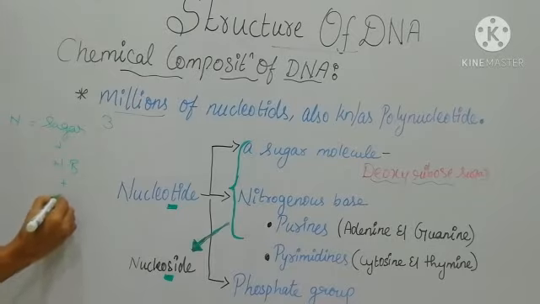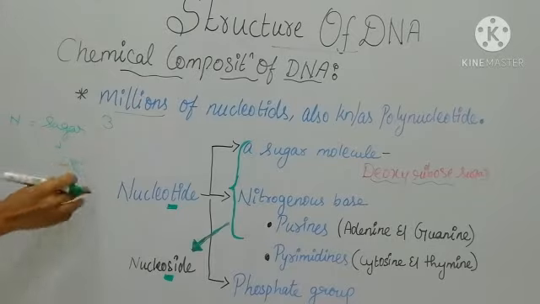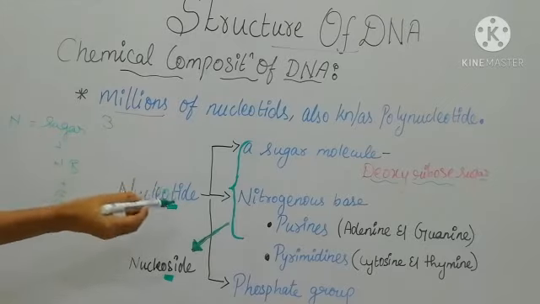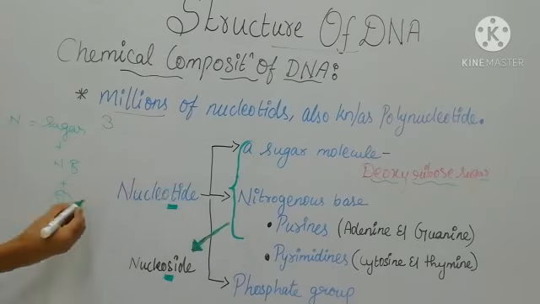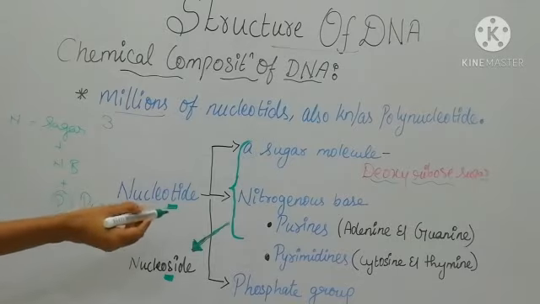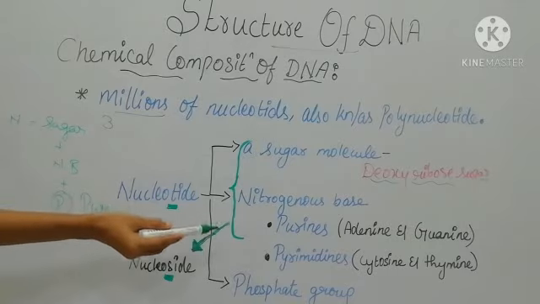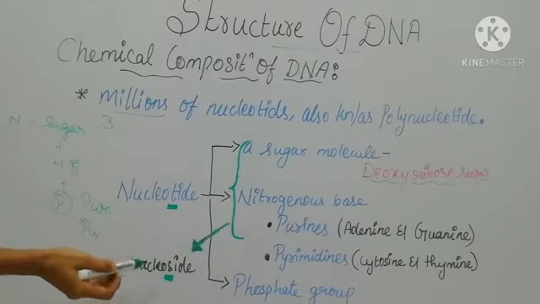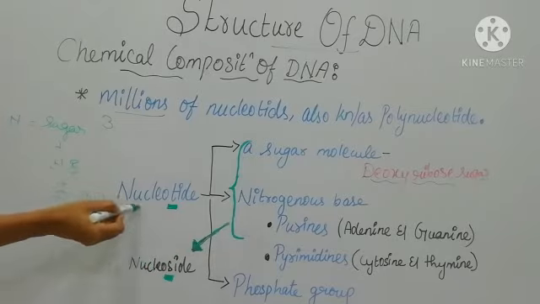The sugar molecule present in this is deoxyribose sugar, and there are two types of nitrogenous bases, the purines and pyrimidines. The purines are adenine and guanine, and the pyrimidines are cytosine and thymine. Then the one phosphate group.